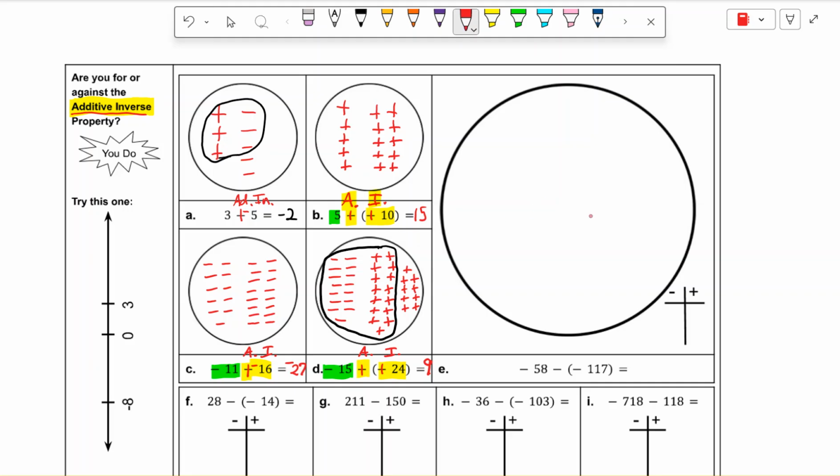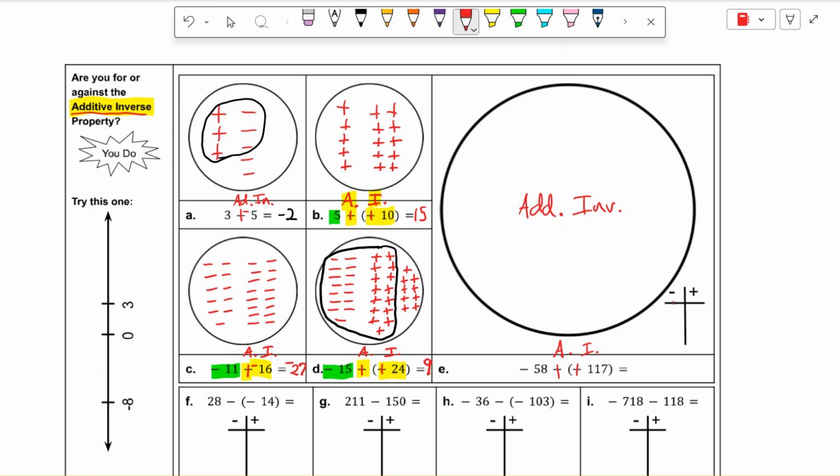And so instead of using the giant circle, we're going to be using the additive inverse. Okay, so we go straight down to the subtraction sign. We make it into an addition sign, and then we do the inverse of -117, which is +117.